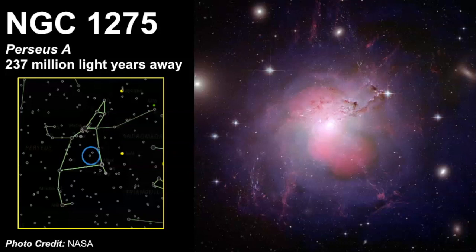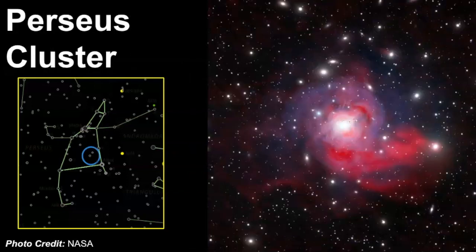And this is actually part of something larger called the Perseus cluster. This is a collection of thousands of galaxies, and you can see many of them here throughout this photo. And it's located in this region of Perseus.